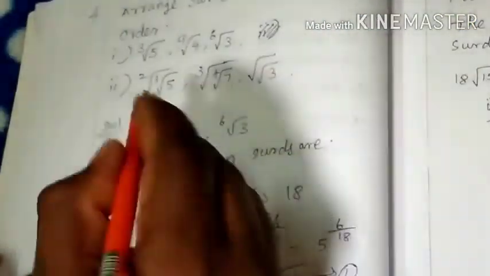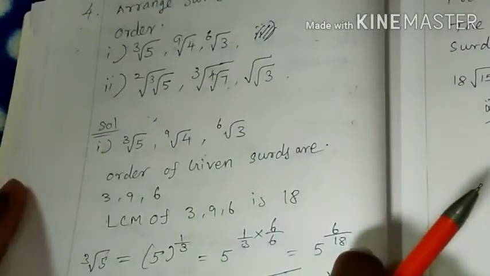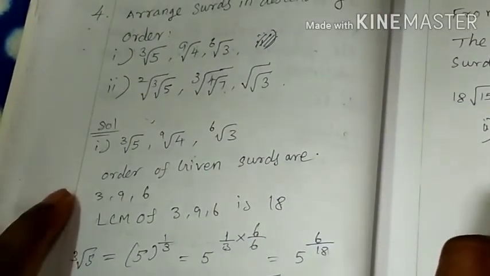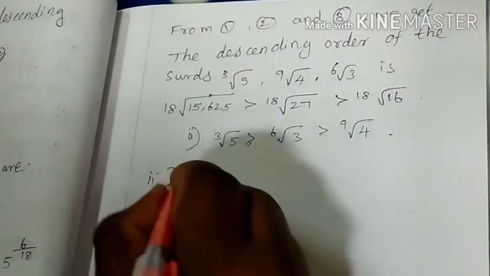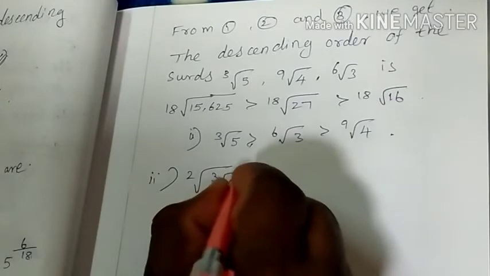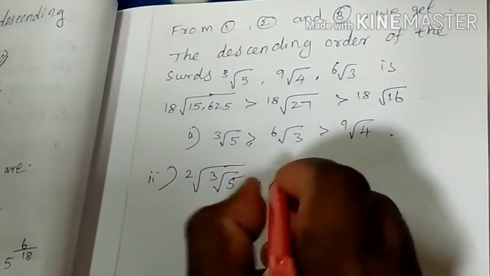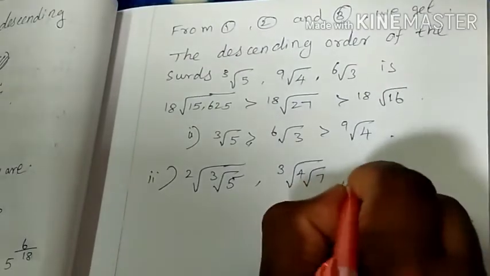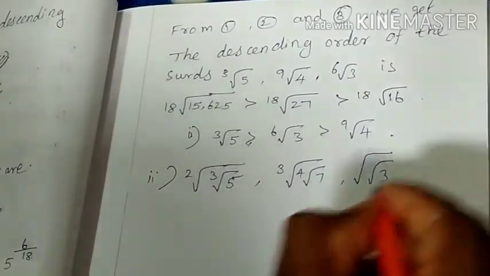In this slide you do the second sum. This is your homework. Here I simplify one step and then you do the homework. The second question: the square root of cube root of 5, the cube root of 4th root of 7, and the square root of 3.